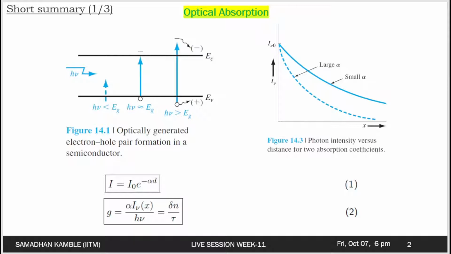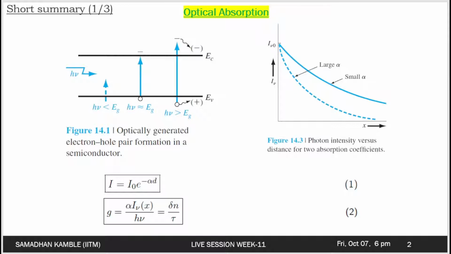The valence band contains many electrons, and the conduction band contains many empty states. So the probability of this interaction is high when h nu, the incident energy, is larger than the band gap energy. This interaction creates an electron in the conduction band and a hole in the valence band, so that we get an electron hole pair.